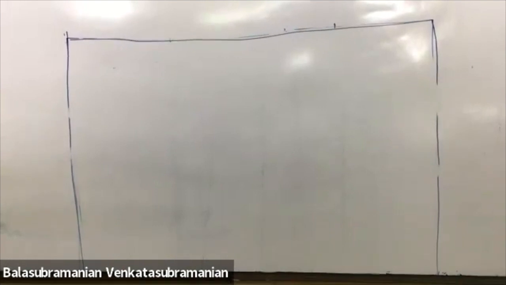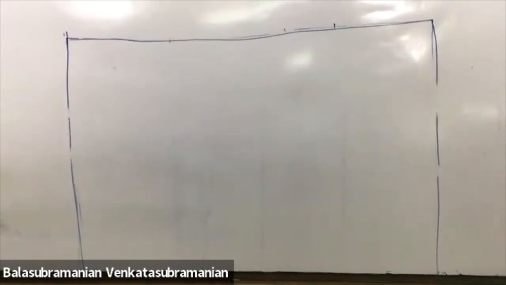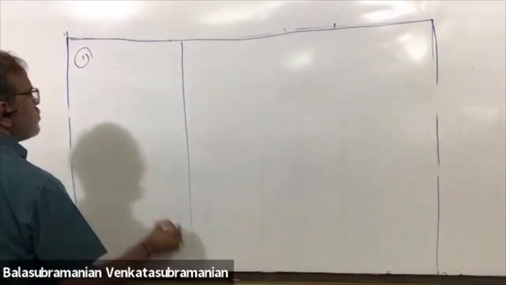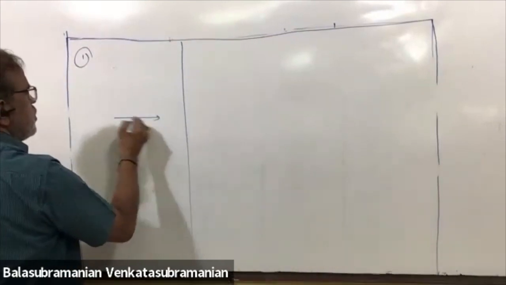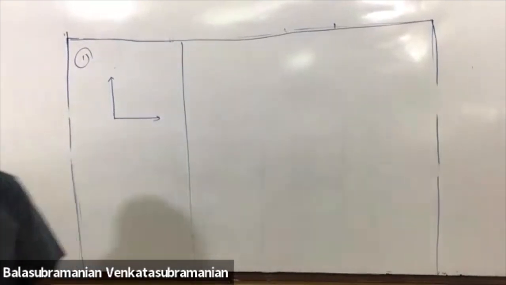First problem. A body is simultaneously given two velocities, one 30 meter per second due east and the other 40 meter per second due north. Find the resultant velocity. Two directions.